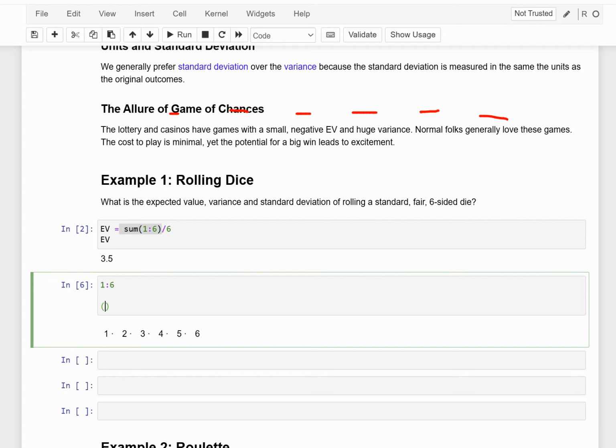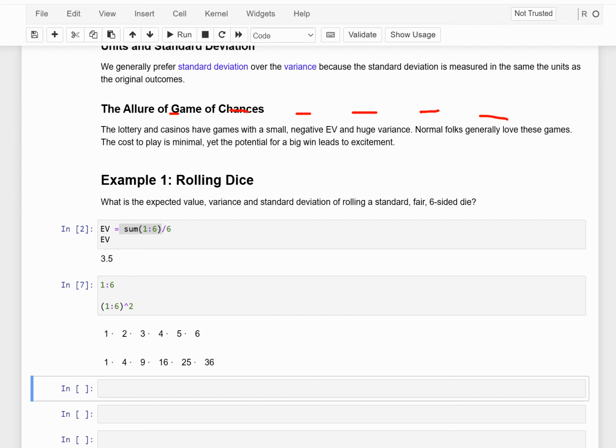It's important because that will allow us to do this vector squared. And the way R works on vectors when I square it is that it squares the individual terms rather than actually multiplying the vector times itself, like a dot product or a cross product. It actually just squares the individual items in that vector.